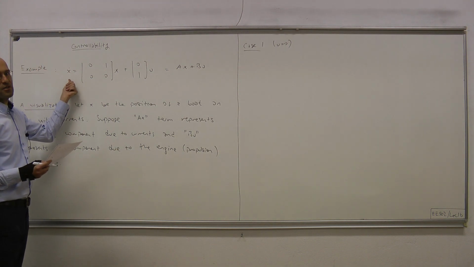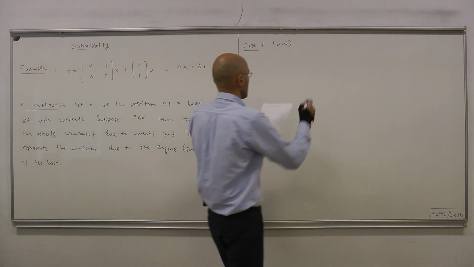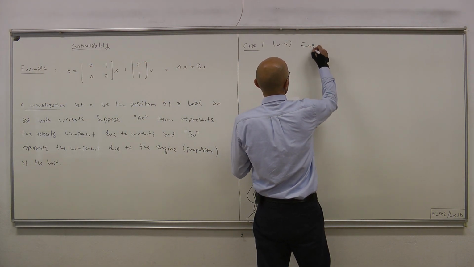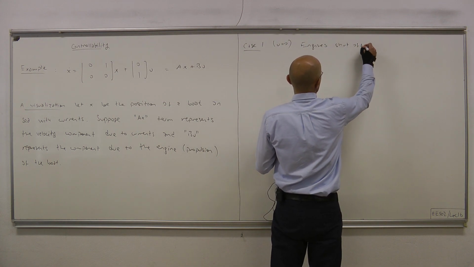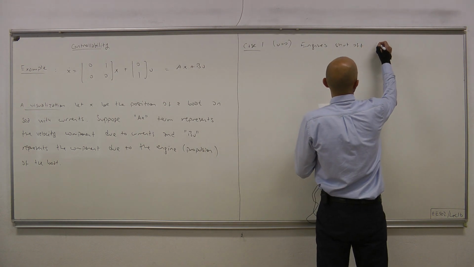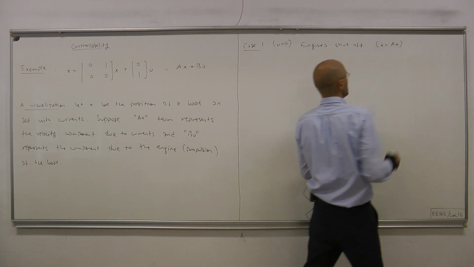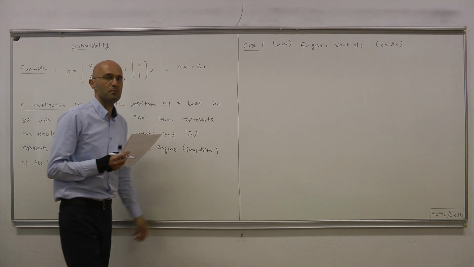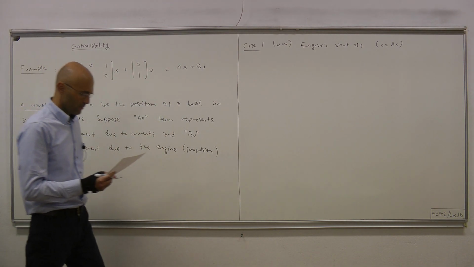In other words, we have x dot equals Ax for our dynamics only. Engines shut off. So that means we will now try to visualize how the boat moves according to the currents.